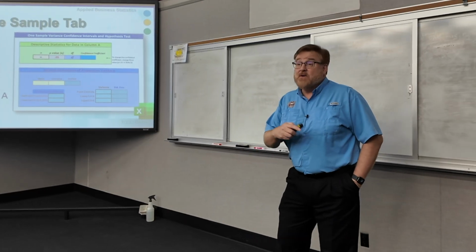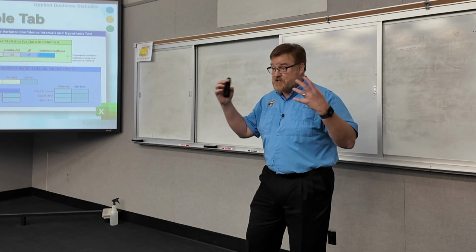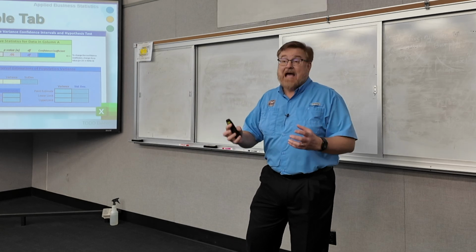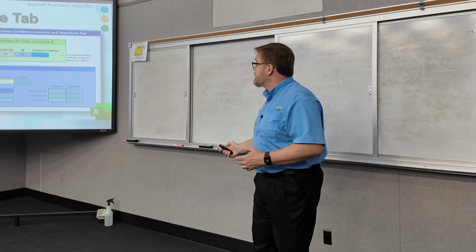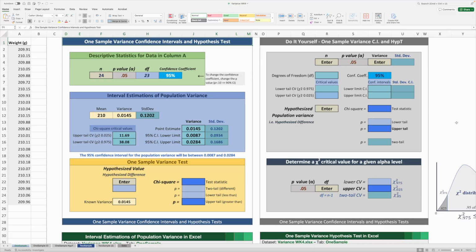What you'll notice is as soon as you copy and paste the data, the spreadsheet comes to life, and you can see the results from our sample. Let's take a look at what that would look like. We have a sample of size 24, which gives us 23 degrees of freedom. My confidence coefficient is set at 95%, and that's because the p-value is set at 0.05.